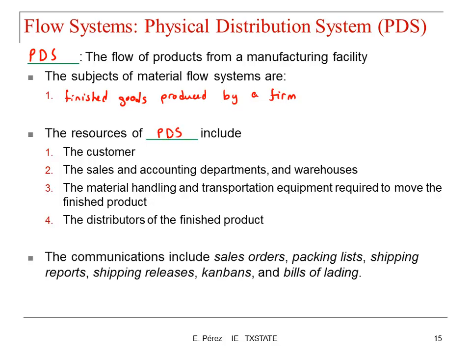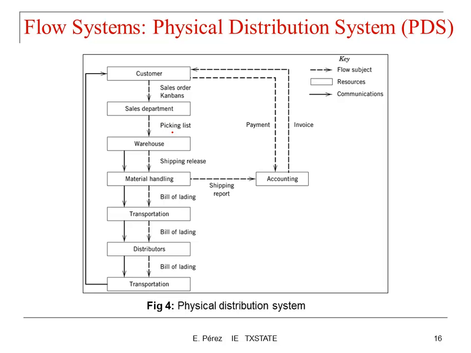In terms of the flow of information in the physical distribution system, you're going to have a customer who's going to place a sale order. That's going to go to the sales department. Sales department is going to send that information to the warehouse, and the warehouse is going to be in charge of setting up the steps to make that product available to your client. So we're going to send a shipping report to the accounting department.